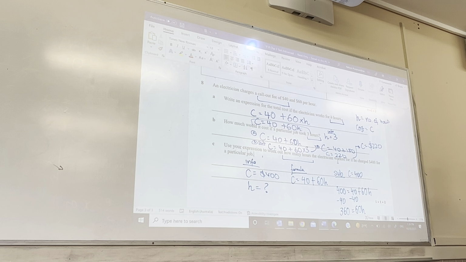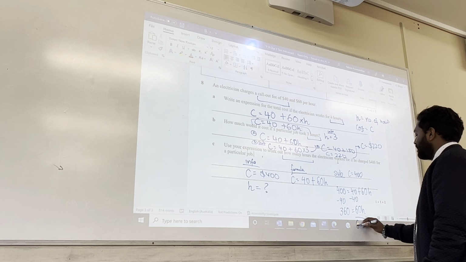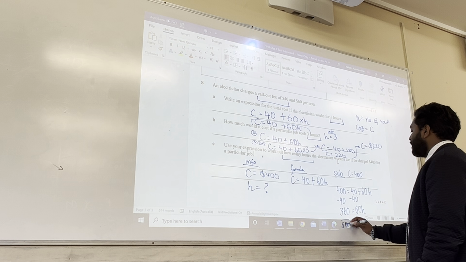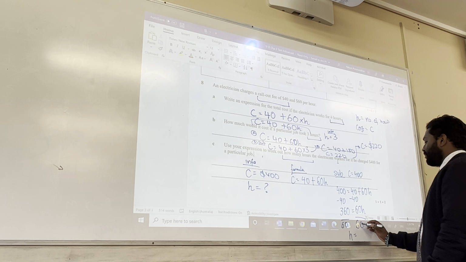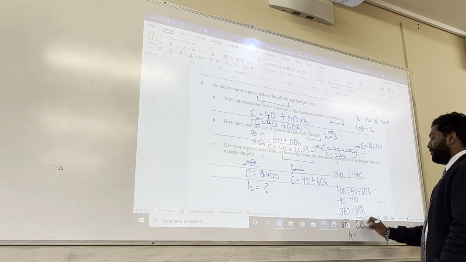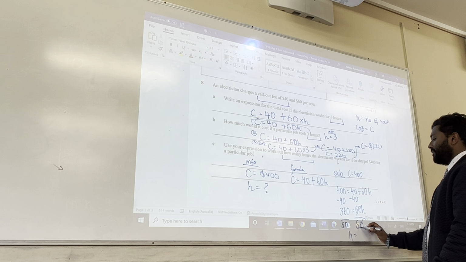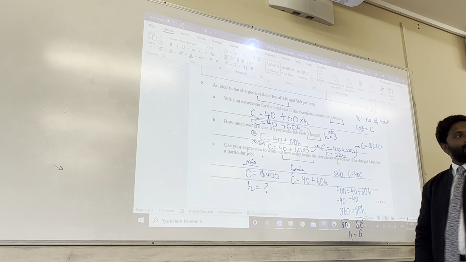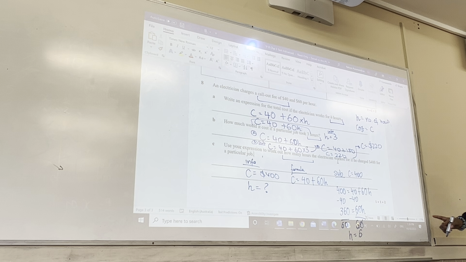How do you get rid of the 60 now? What is the 60 doing to the H? Timesing it. So divide it, and then you divide this side as well. So H is equal to what? 6. This is the part we need to be careful. Is it 6?